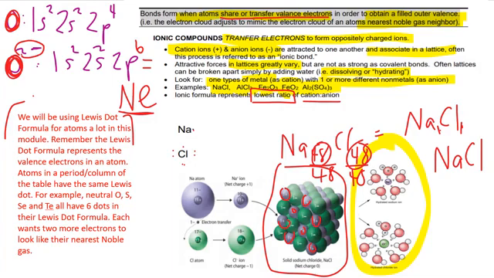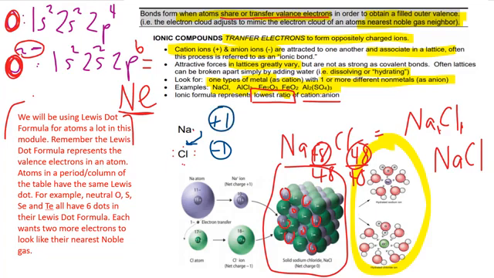Now chlorine wants 8. Sodium wants 8. So what wants to happen here is the sodium wants to give that 1 electron to chlorine. Chlorine just gained an electron and now has a -1 charge. Sodium just gave away that 1 electron, so it now has a +1 charge.